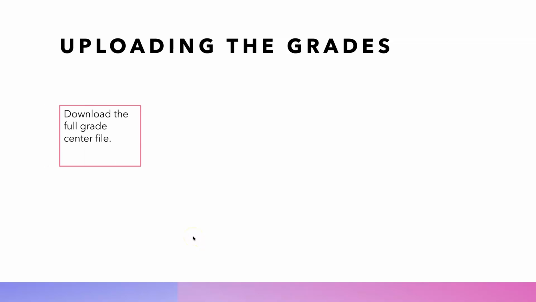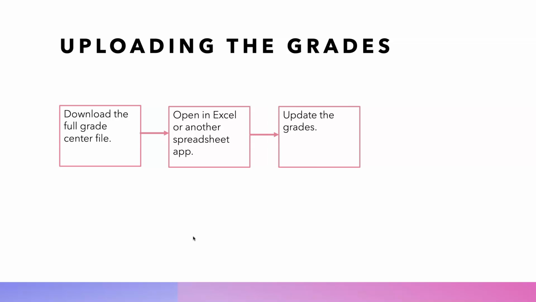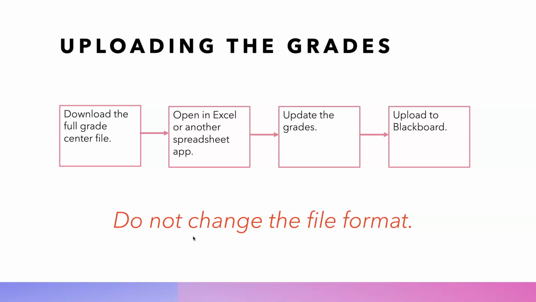In these situations, we would start with the downloaded file, open the file in Excel or another spreadsheet application, update the grades, and then save the file and upload to Blackboard. In this process, we need to make sure that we do not change the file format.